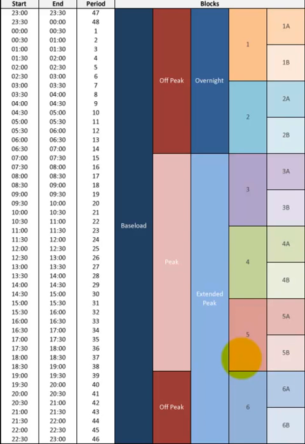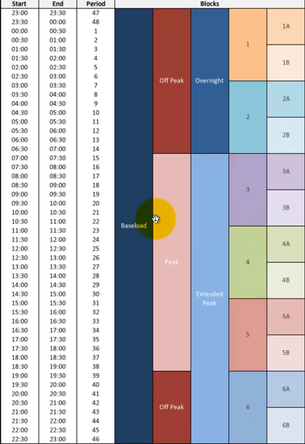And each 4-hour block we can also think of as being subdivided into two 2-hour blocks. So you have a block 1 product that runs from 11 p.m. until 3 a.m. but it's subdivided into block 1A and 1B. Similarly, block 2, running from 3 until 7, is subdivided into 2A and 2B, and so on for 3A, 3B and so on.